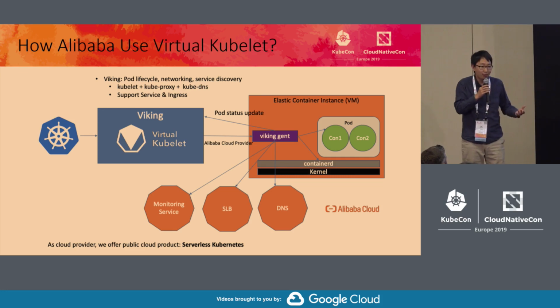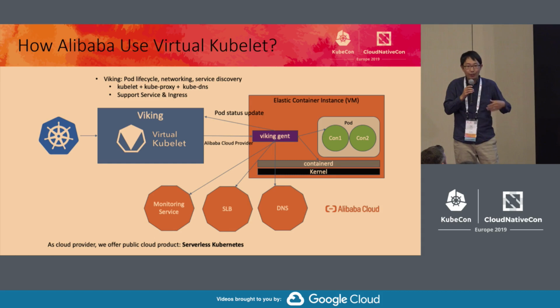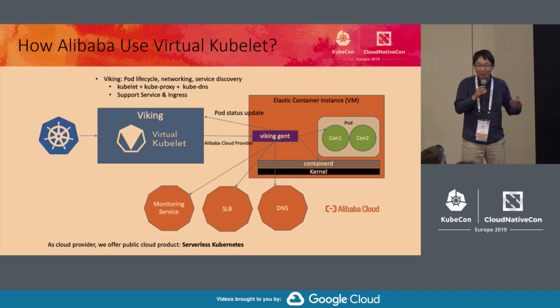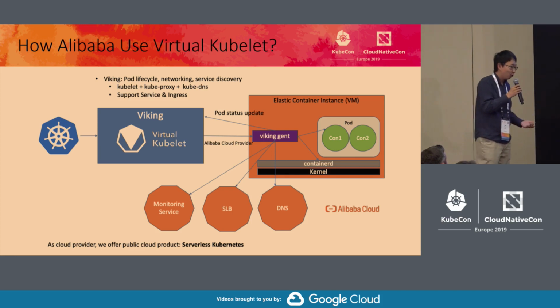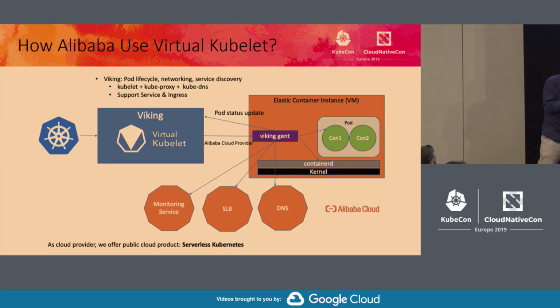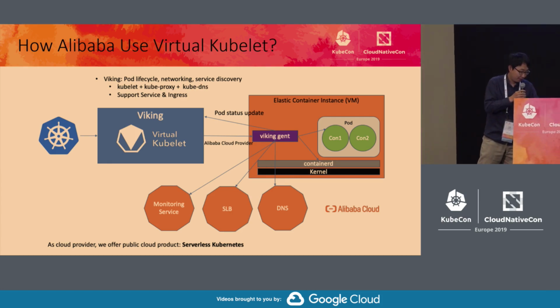And then your pod will be delivered to this ECI instance. And that is how we create a serverless Kubernetes for every user of Alibaba Cloud. And these users do not care about virtual machines or hosts. They do not need to care about their resource boundary because theoretically they have an unlimited resource pool here. So that is how we are doing the serverless Kubernetes stuff.